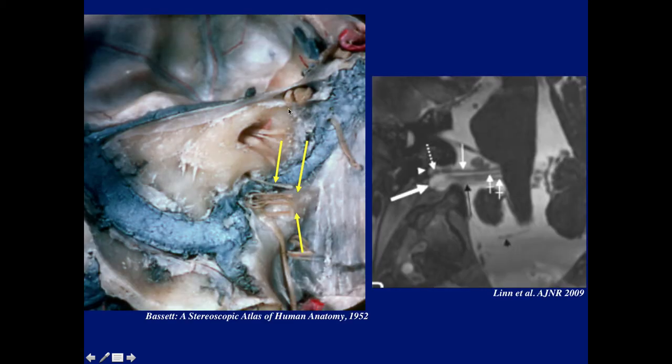Now, it took 60 years, but as usual, the Europeans are now showing the individual nerves very similar to what we see in this anatomic specimen. So here's an oblique thin T2 3D, and we can see now this would be the 9th nerve. These are the 10th nerve fibers, and a little bit of the 11th coming here.